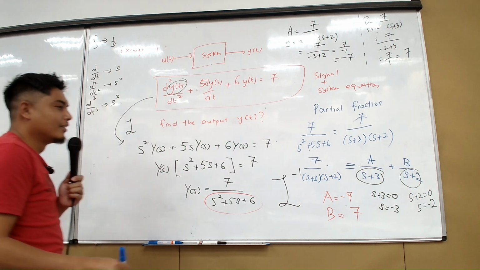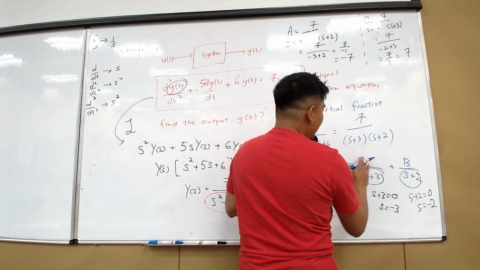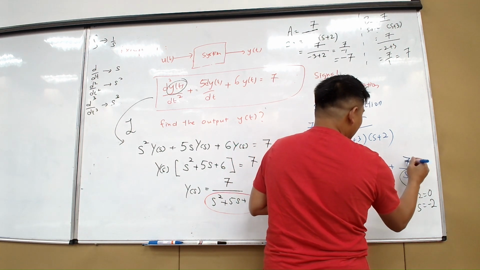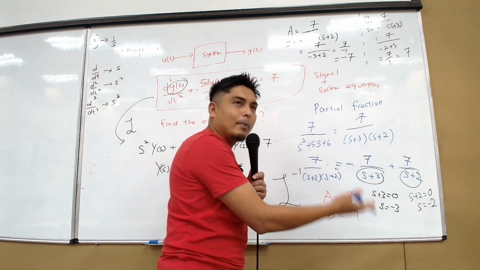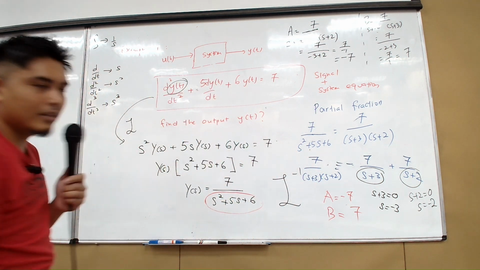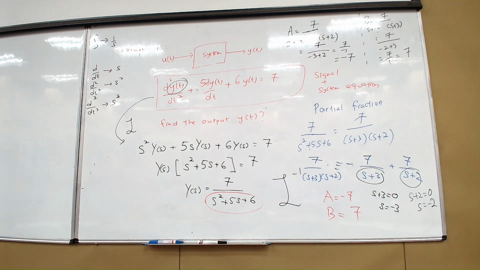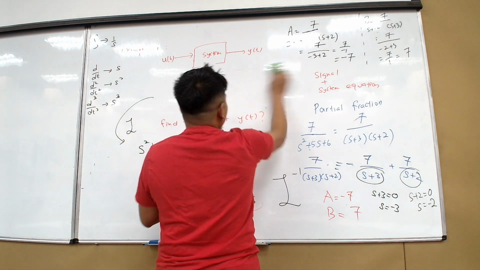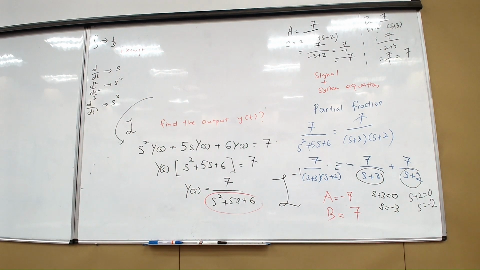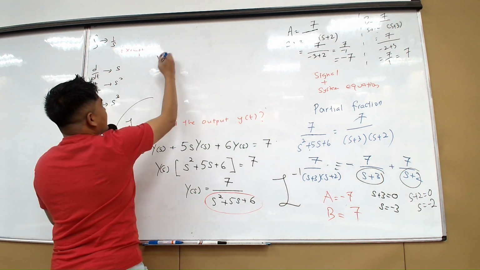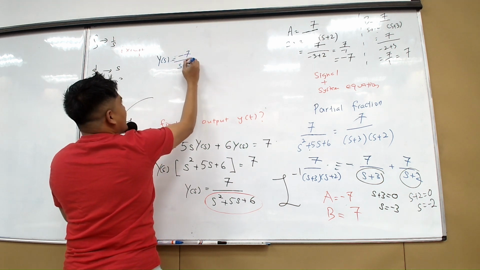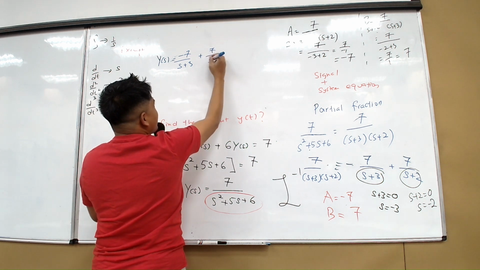So now you know that this is equal to negative 7 plus 7. Now you can use the Laplace table to get the answer. So Y(s) equals negative 7 over s plus 3 plus 7 over s plus 2.